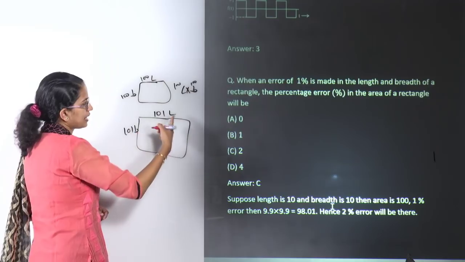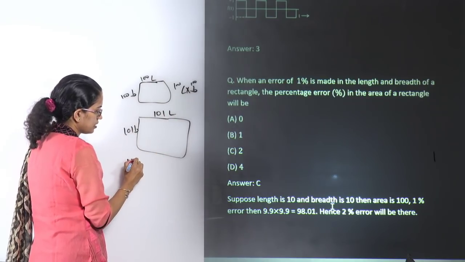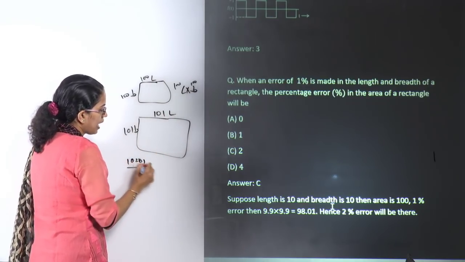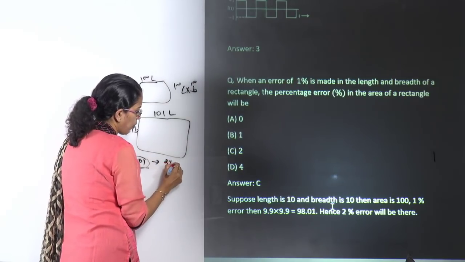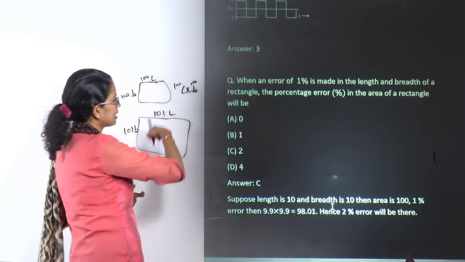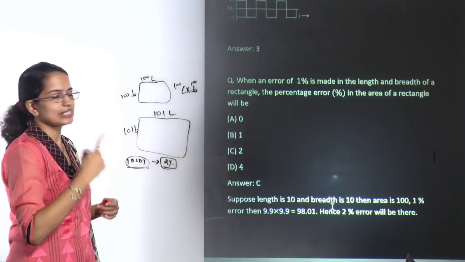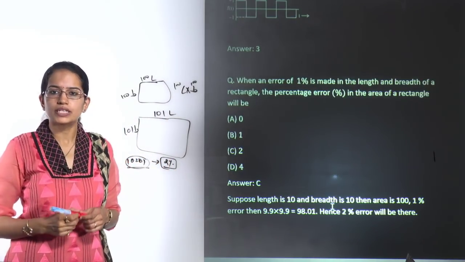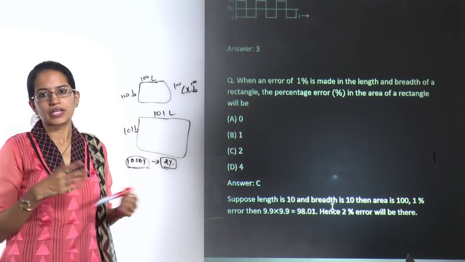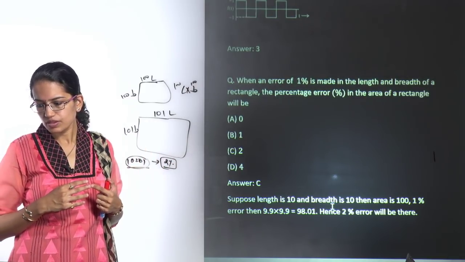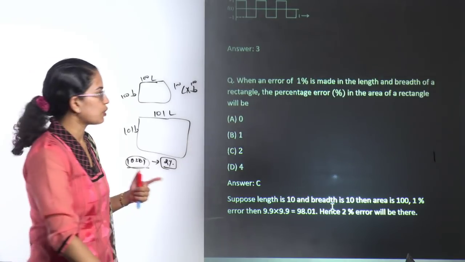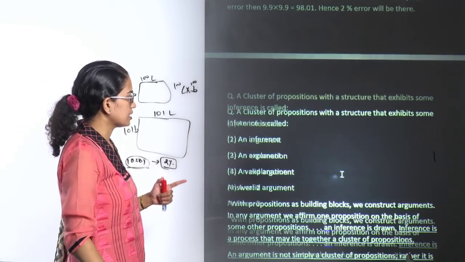So when I multiply this would become 10201. And what would happen is, basically it is 2% more. So when you have a change in length which is 1% more, the percentage change in the area would be 2% more in the case of a square or a rectangle if that remains same. Okay. So that's one of the important things that have been asked in this question.